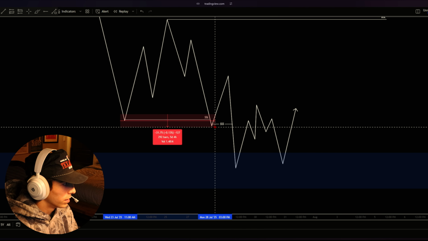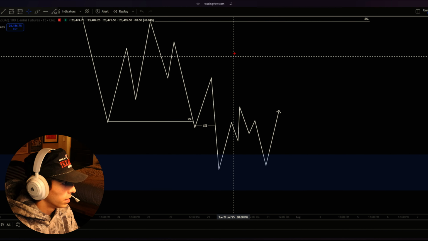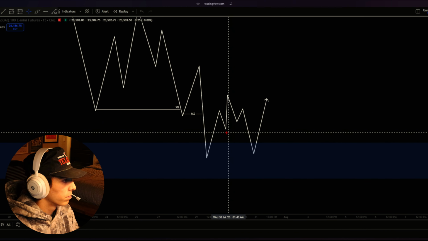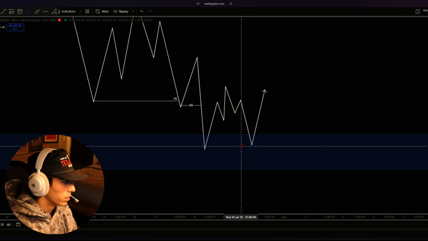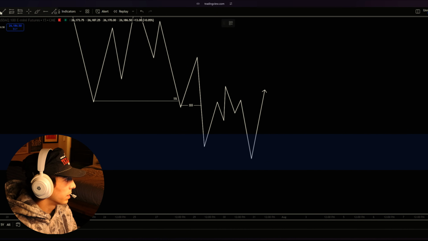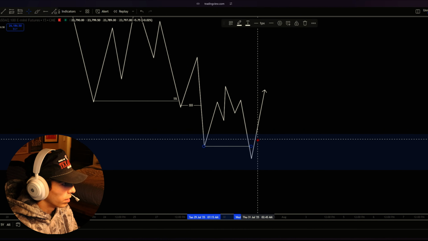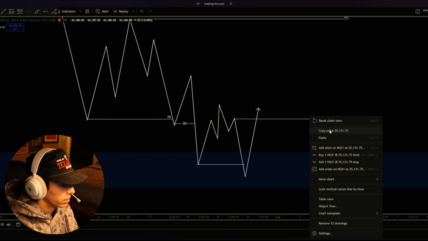So we have liquidity being taken, created manipulation, and now price is kind of just chopping around, not knowing what it's doing. So we come here, we take sell side, sniping out all the other traders, create one more manipulation leg. This is our change in the state of delivery.